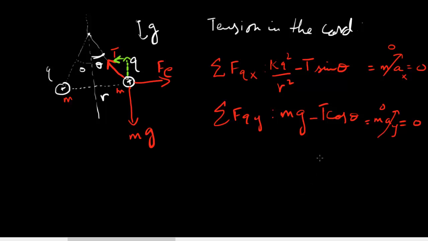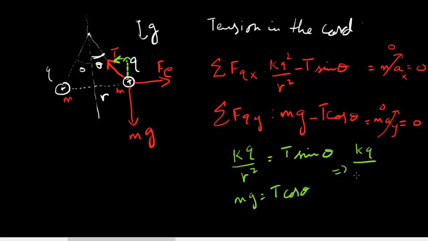So now it becomes an algebraic problem. You have two equations, and at most you can have two unknowns. One of the nice tricks you can use in this problem is this: take this to the other side, kq squared over r squared equals T sine theta, and mg equals T cosine theta, and then divide both equations. You end up getting kq squared over (mg r squared) equals tangent theta.